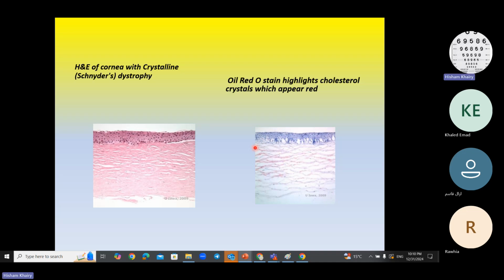So for crystalline corneal dystrophy, if you are lucky enough to get a pathological specimen and stain it with oil red O stain, it highlights cholesterol crystals, which appear red.